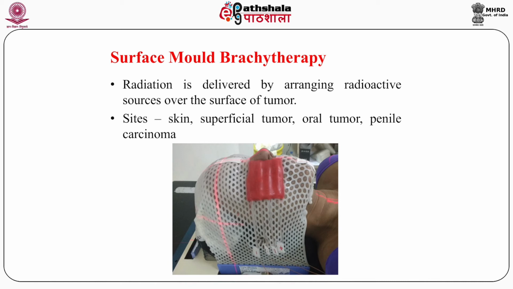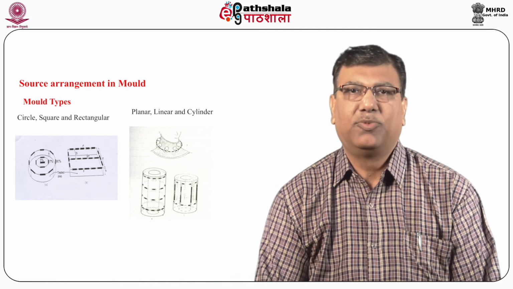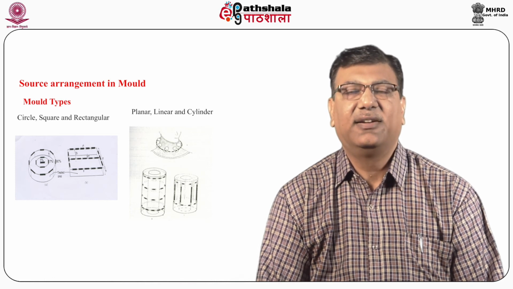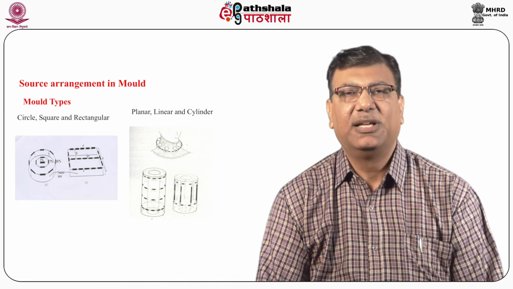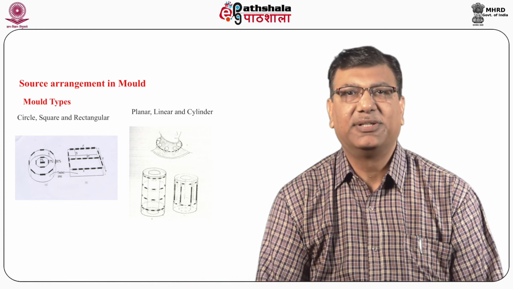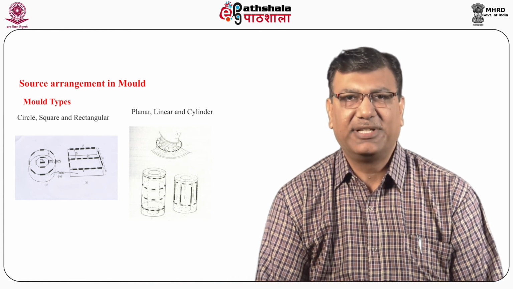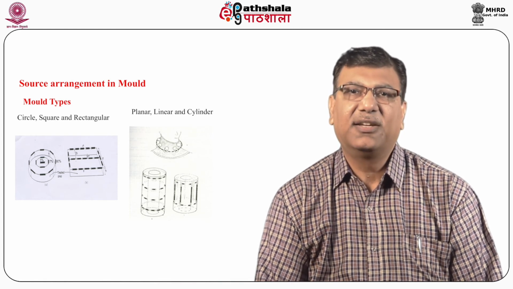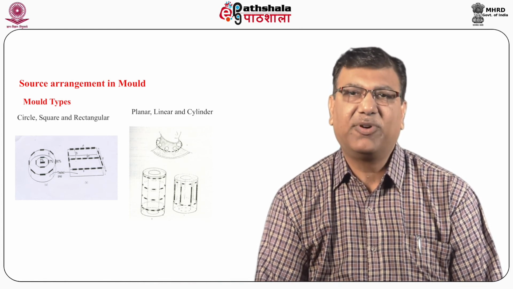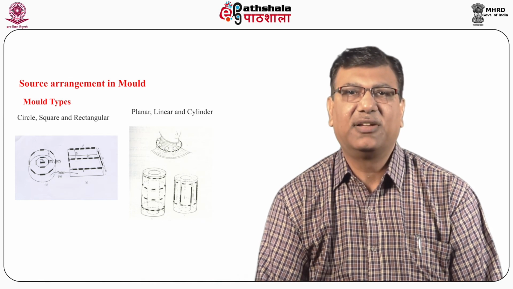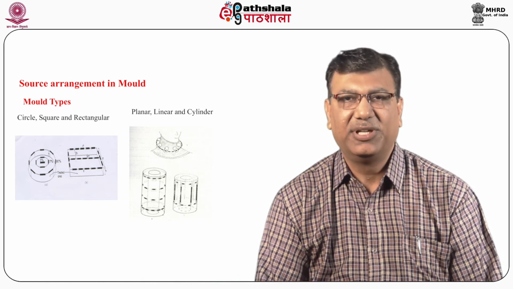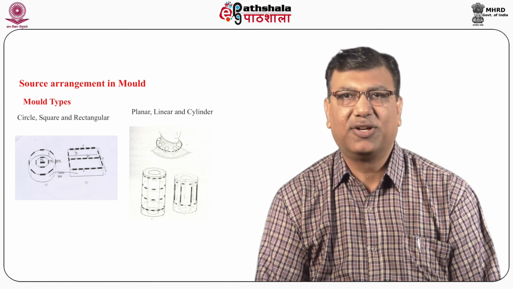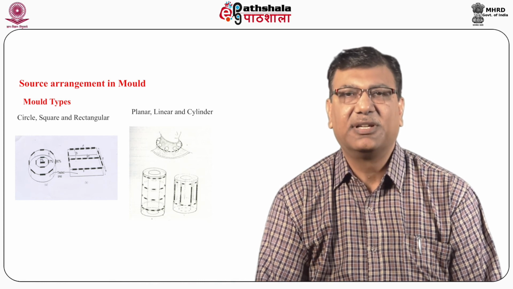Now, the surface arrangement in molds depends upon the area, the different type of tumor and the place of the tumor. The arrangement of the sources is shown in the figure, where either circular or rectangular fields are used, and different levels of source arrangement are also shown in this figure.